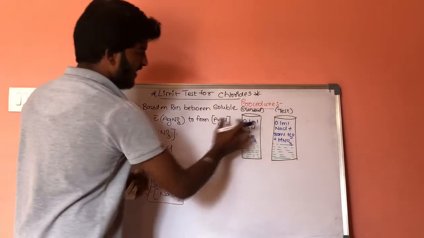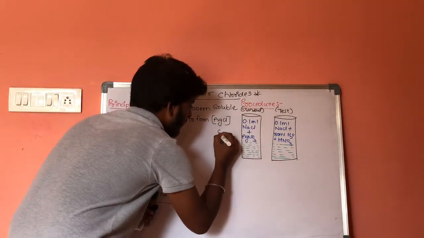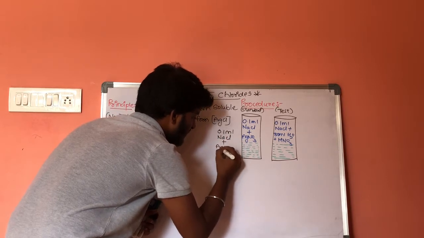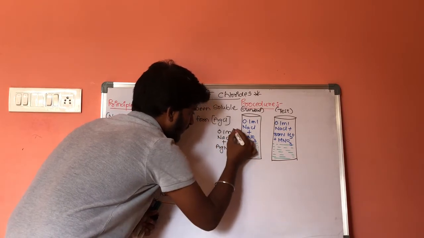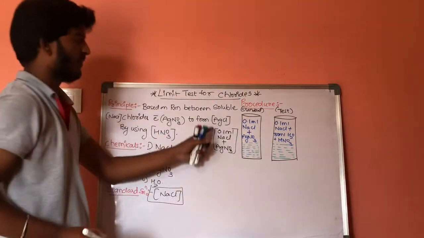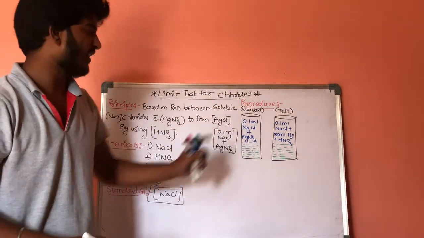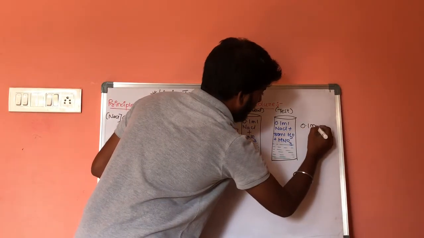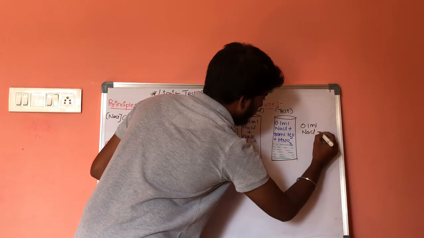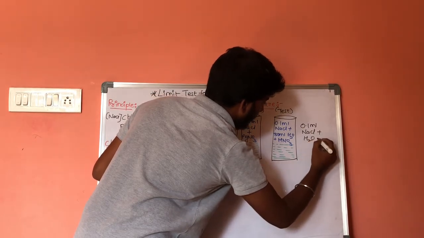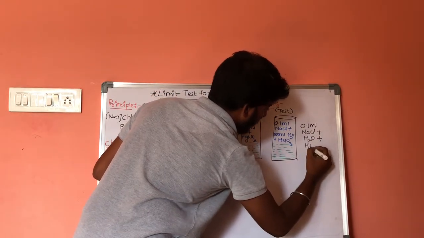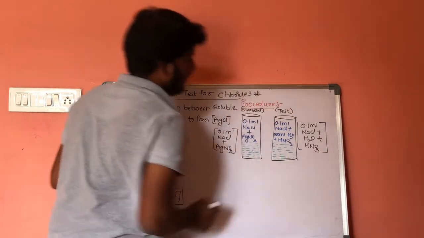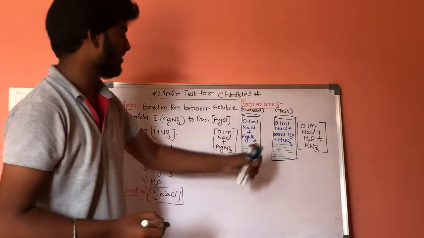So in the standard solution, we take 0.1 ml sodium chloride plus silver nitrate, whereas in the test solution, 0.1 ml sodium chloride plus water plus nitric acid. This is the composition of the test and standard solutions.